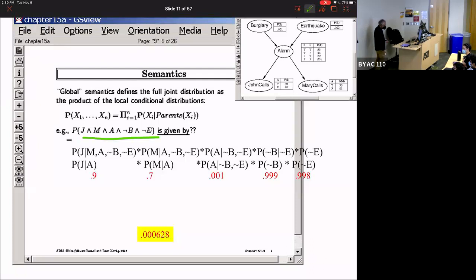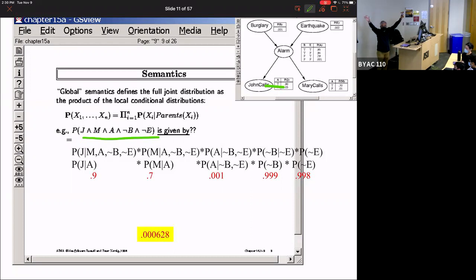What I will basically say is write the chain rule in the anti-topological sort. That means John and Mary will come first, then alarm will come, and burglary and earthquake will come. If you go opposite to the topological sort.